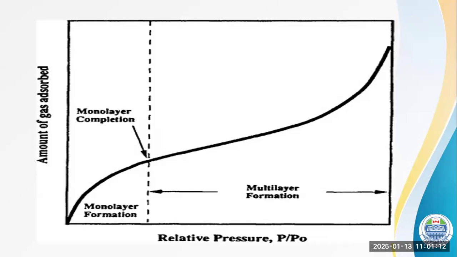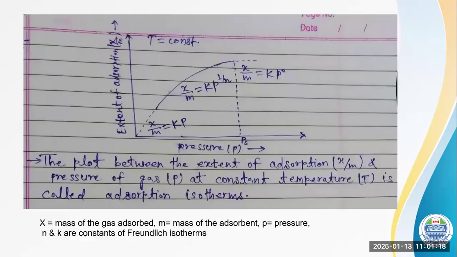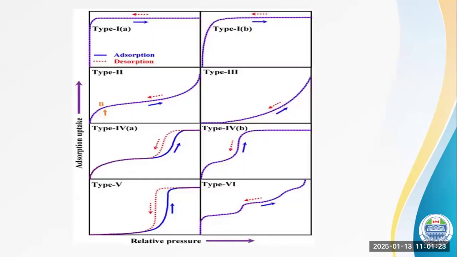So I'm sure you can still recollect the formation of monolayer and what happens when multilayers are formed. We look at how these equations are generated, then the different types of isotherms that we have, the behavior of each isotherm, how each of them is formed, the ones that have monolayers and multilayers, and the ones that have basically only multilayers.